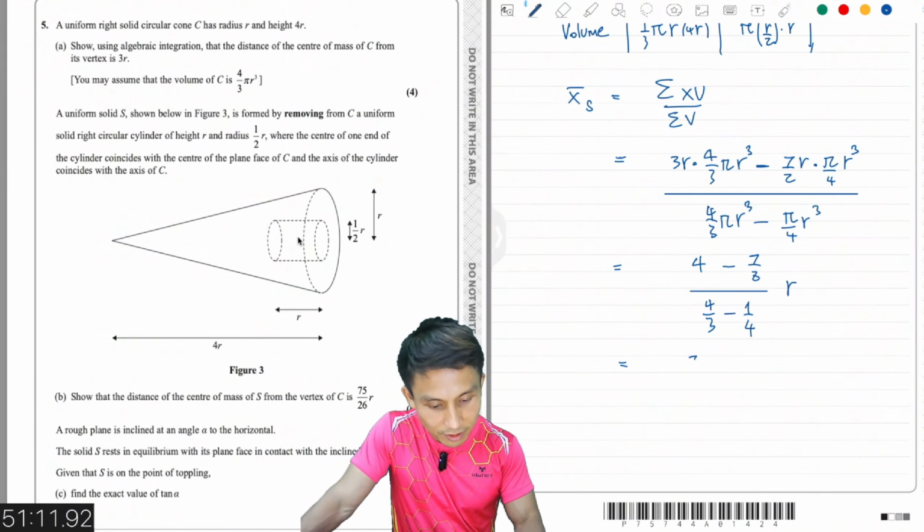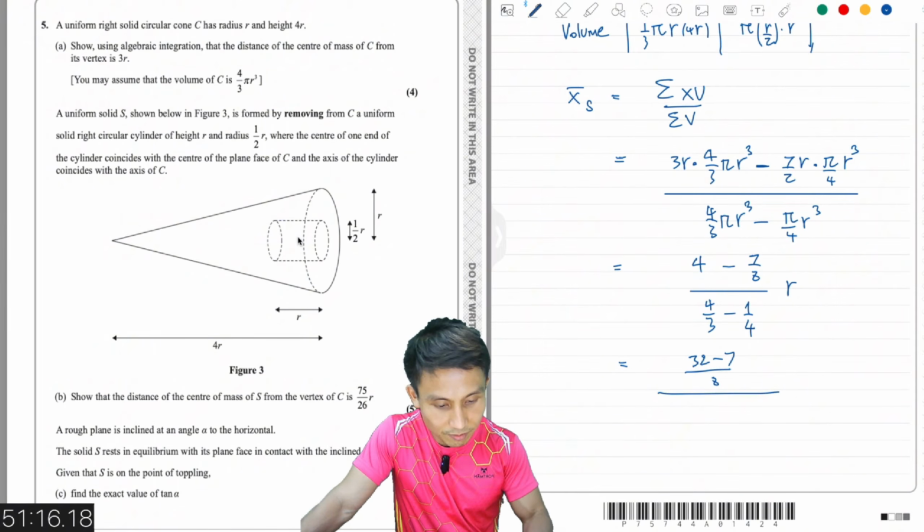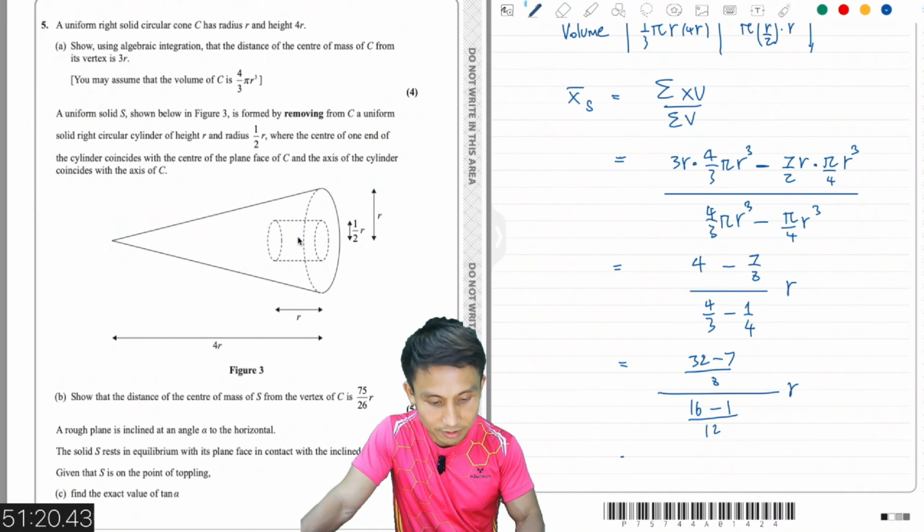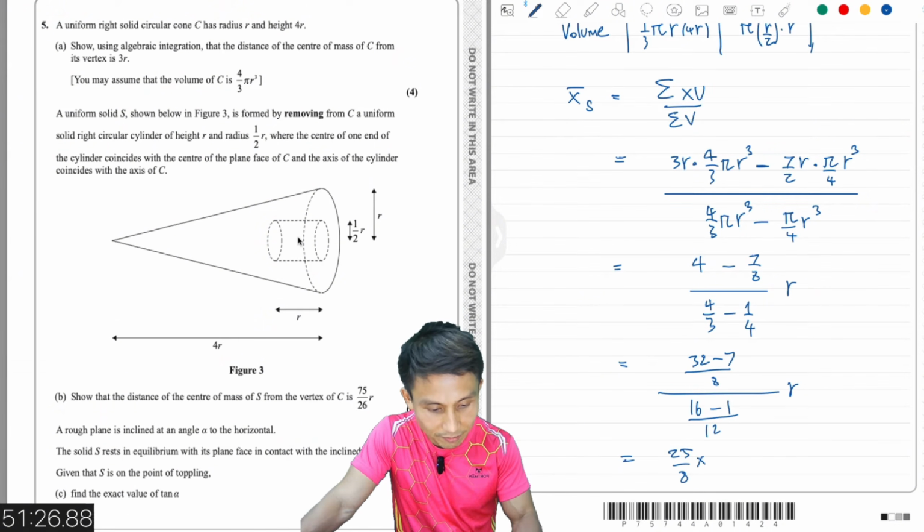So that's what? 32 minus 7 over 8 divided by 16 minus 1 over 12, r. 32 minus 7 is 25. 25 over 8 times 12 over 15. So 5 cancel, 5 cancel, 4 cancel, 4 cancel there.